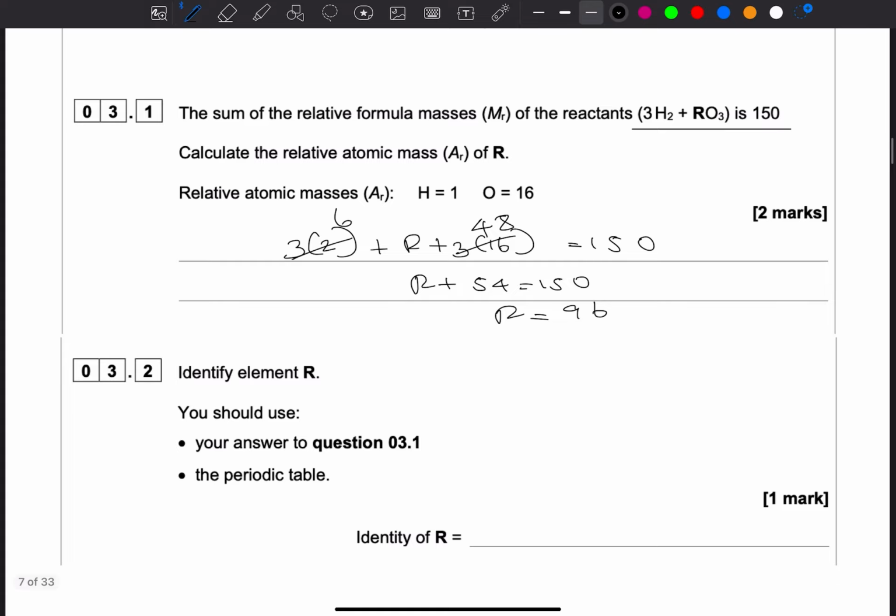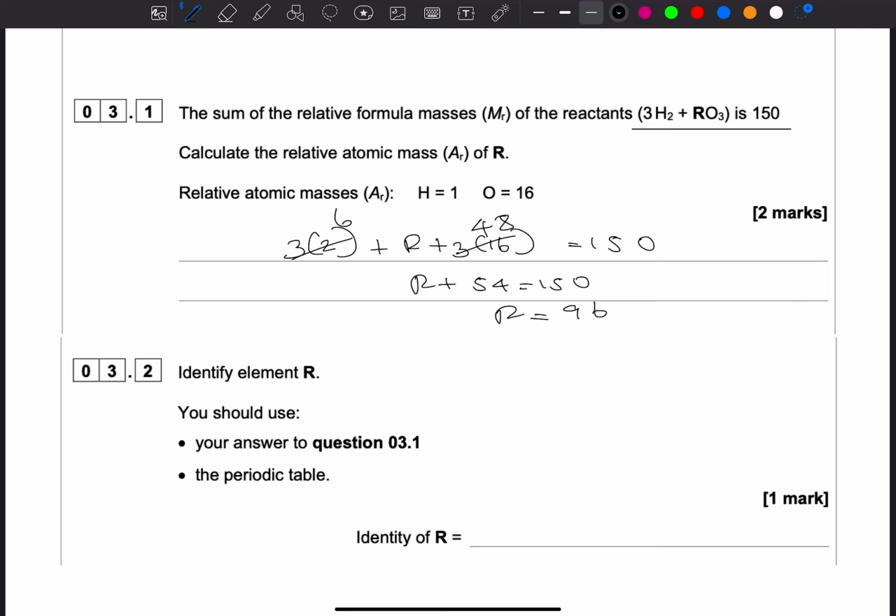Identify R. 96. Who has 96 in here? Look through the periodic table. So who has 96 mass? 96 number is on the top, yeah?